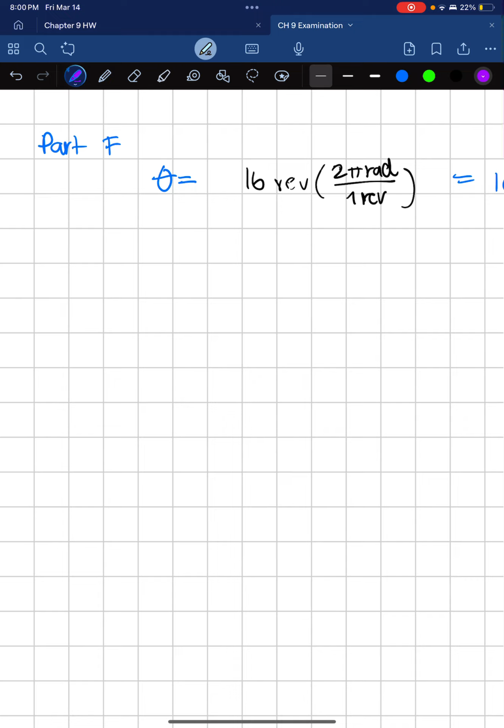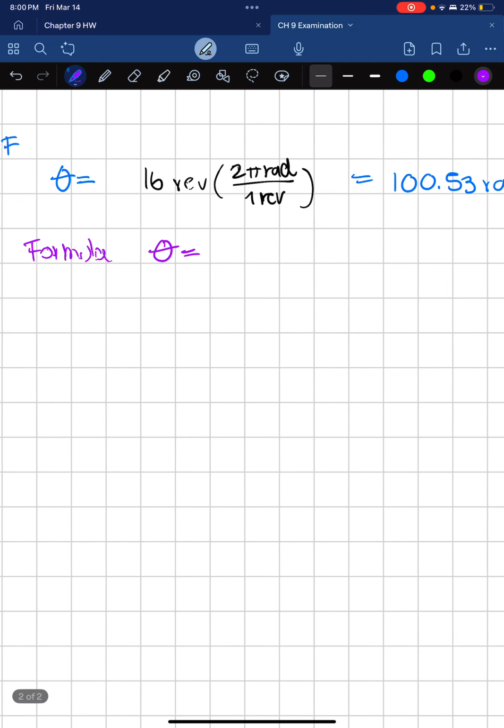Now we're going to use the following formula that we used before, which is the angular displacement equals the initial angular velocity times time plus one half the angular acceleration times time squared. Let me plug in what we have so far.